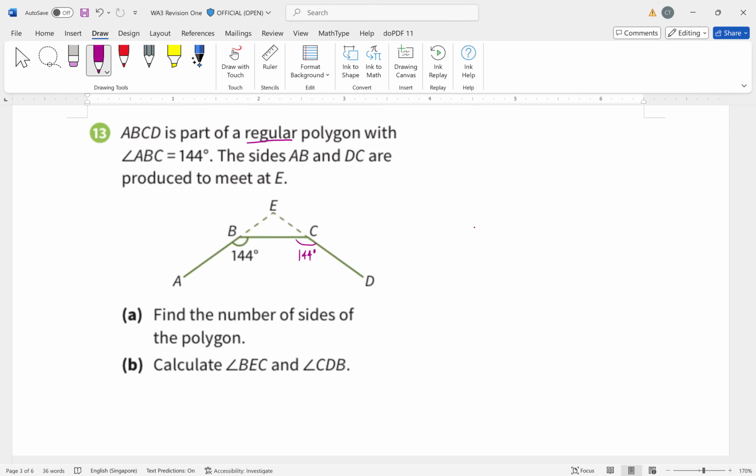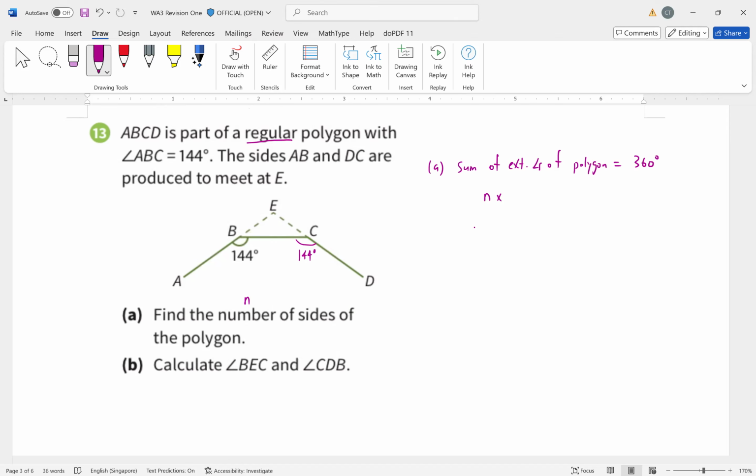All right, so the easiest way to find the number of sides of a regular polygon is to look at the exterior angles. Because we know that the sum of exterior angles of a polygon is 360 degrees, as you recall from the previous question. So for an n-sided polygon, a polygon with n sides, if it's a regular polygon, all the exterior angles are also the same.